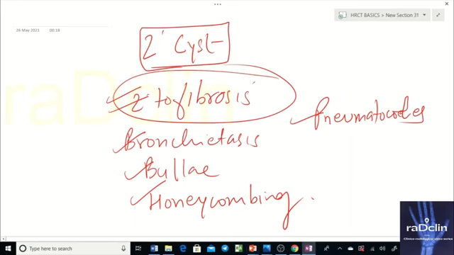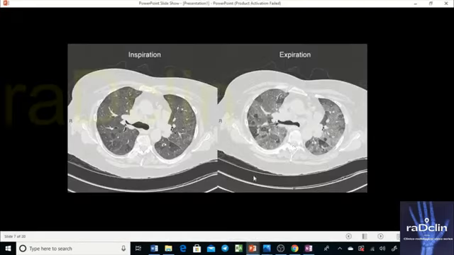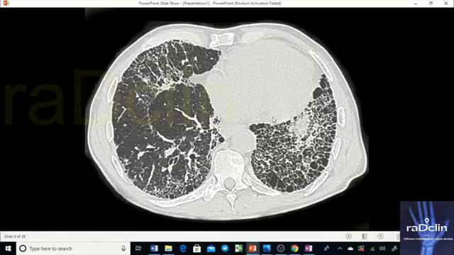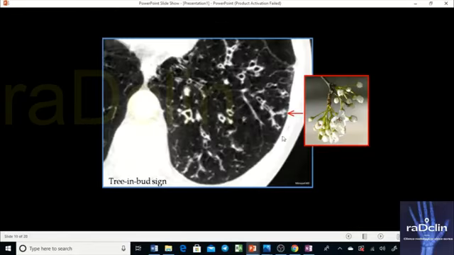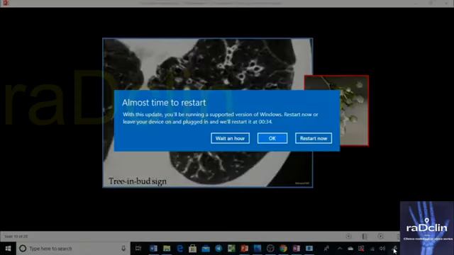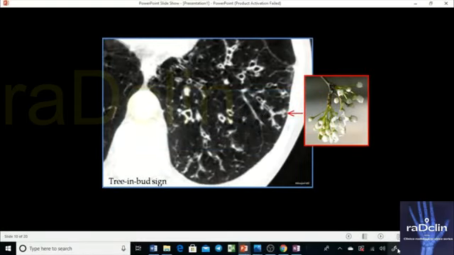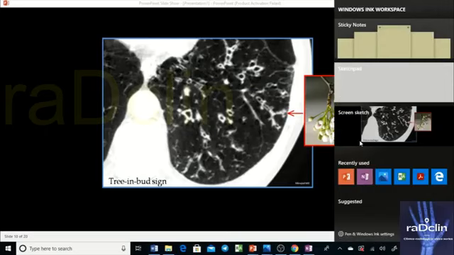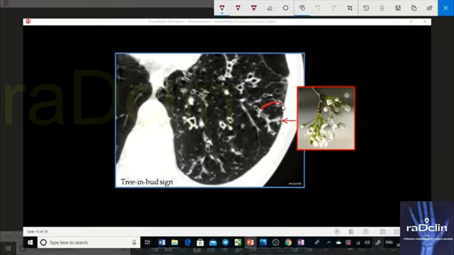Now, finally, let us look at the images. So this was your inspiration expression, and this is your honeycombing, secondary cyst. This is your typical tree-in-bud pattern. I think I have not shown it. So this is a typical tree-in-bud pattern, and you can see it at the periphery of this lung.